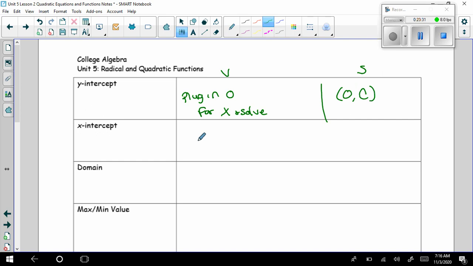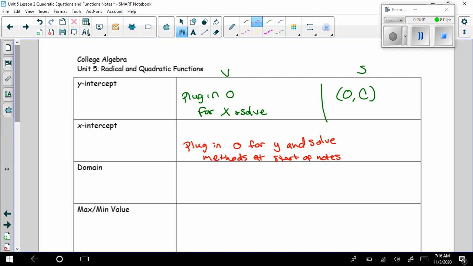The x-intercept for both formats, you need to plug in 0 for y and solve. So those are going to be your methods at start of notes. So factoring, completing the square, quadratic formula, square root rule.